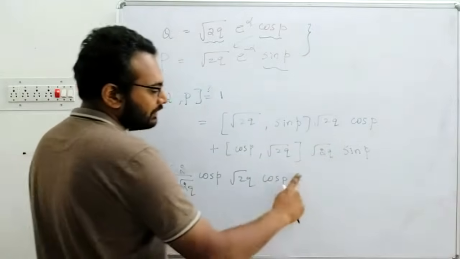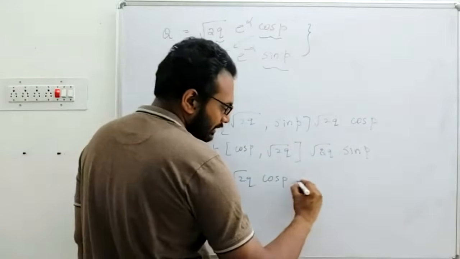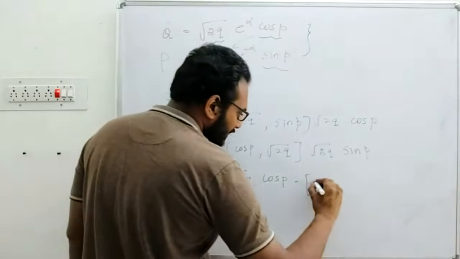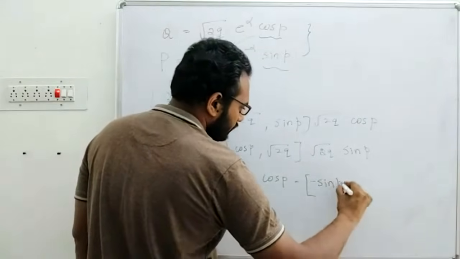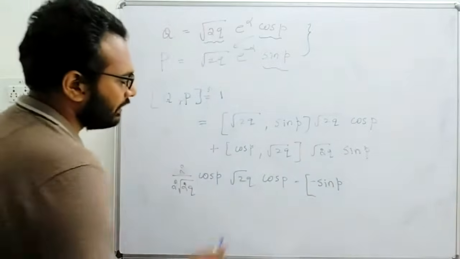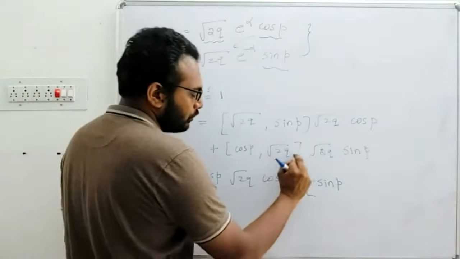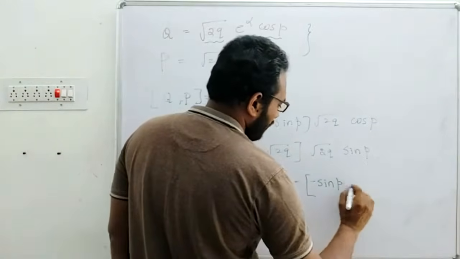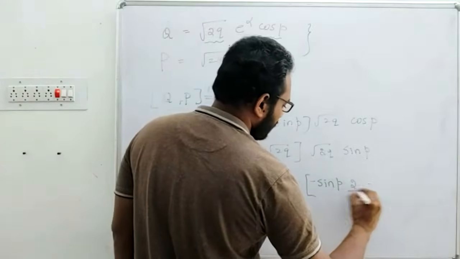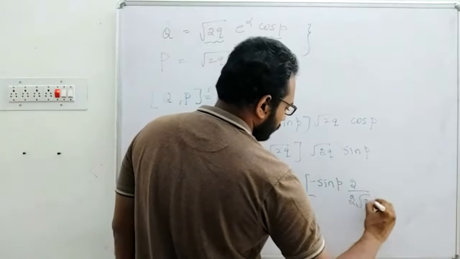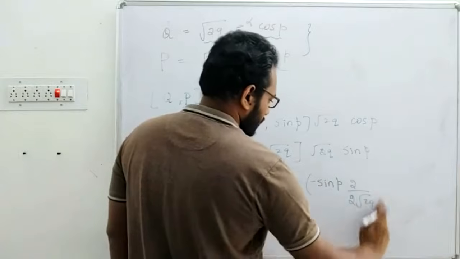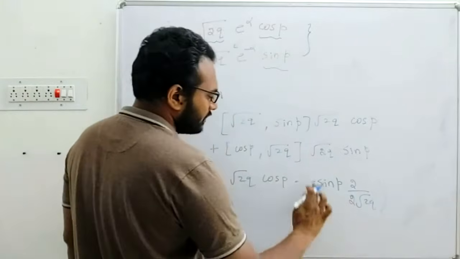So it becomes, I'll just write it, minus dou cos P by dou P, that is minus sine P. That's minus sine P, and then square root of 2Q, again it is multiplied by 2 divided by 2 square root of 2Q. So you got 2 minus, it becomes plus.